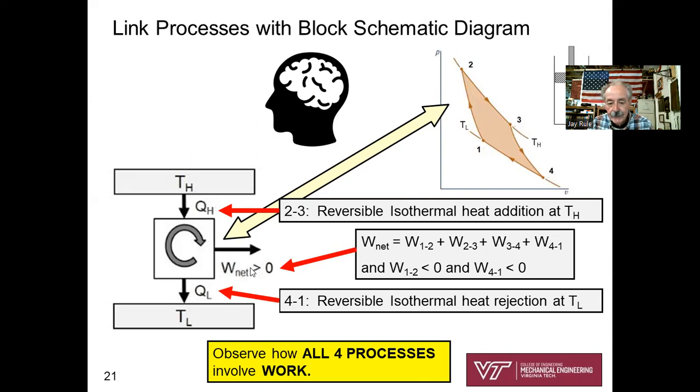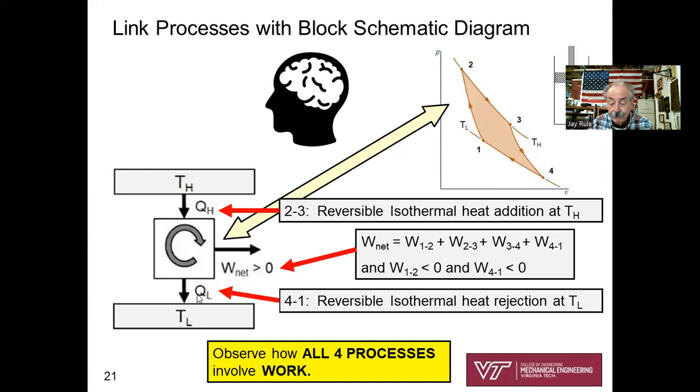Okay. Next is the net work. Well, the net work, if you've worked with me a little bit, remember that you can visualize the net work for a system operating in a cycle as the enclosed area of the cycle. And for this cycle, we're going clockwise. And so the net work is a positive number, the area enclosed in the cycle. And then finally, reversible isothermal heat rejection.